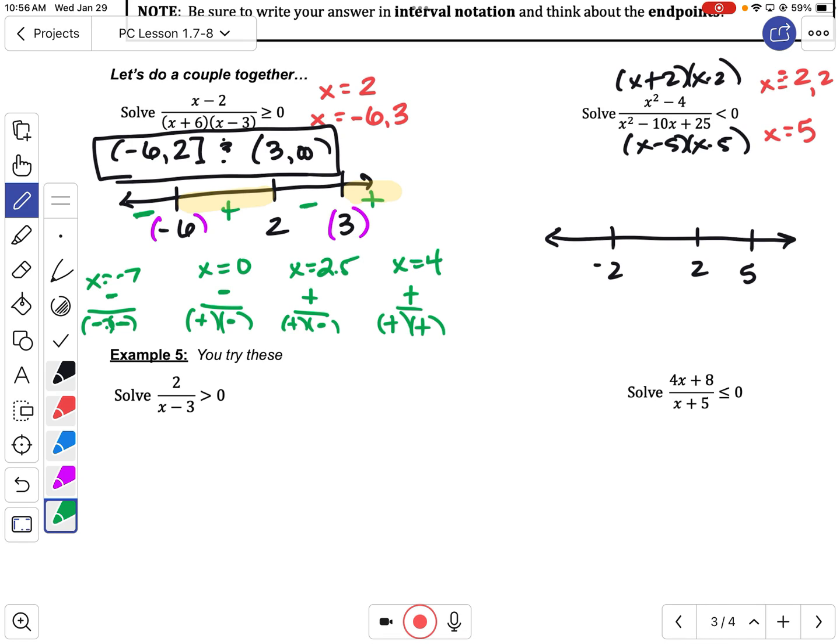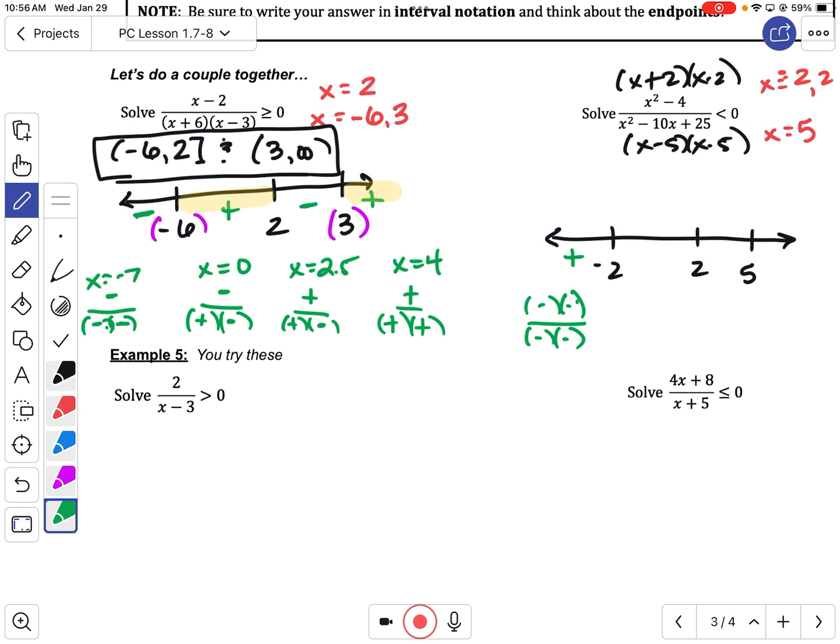So if I start with negative 3, that would give me a negative times a negative over a negative times a negative. What would my final sign be for that fraction? Positive.